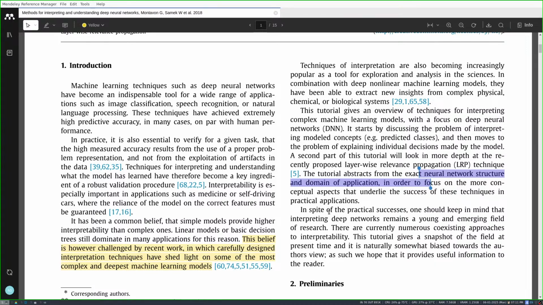In spite of practical success, one should keep in mind that interpreting deep networks remains a young and emerging field of research. There are currently numerous coexisting approaches to interpretability. This tutorial gives a snapshot of the field at the present time, and is naturally somewhat biased towards the authors' view, as we hope that it provides useful information to the reader.